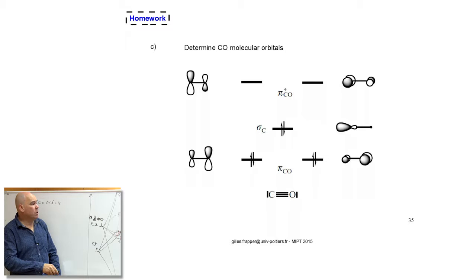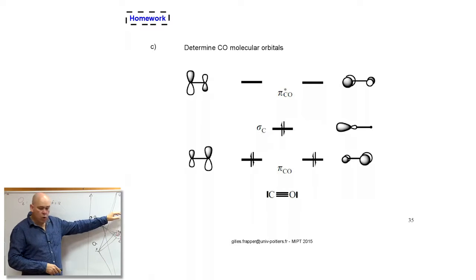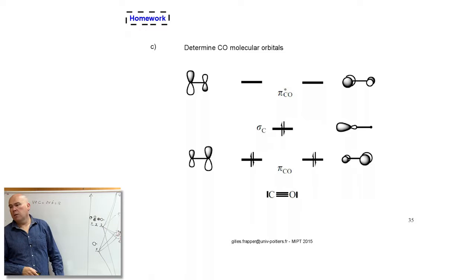You see the evolution: you go from 121 to 149 picometers. So only by counting the electrons and by looking at the occupation of the bonding and antibonding levels, you can rationalize the differences in bond length in these molecular systems.